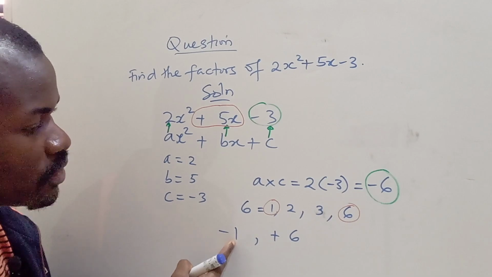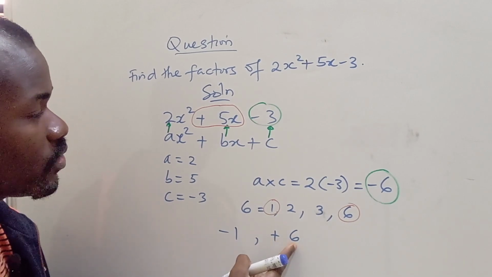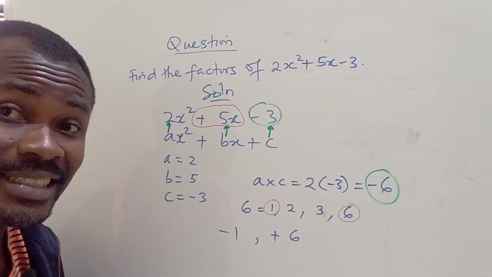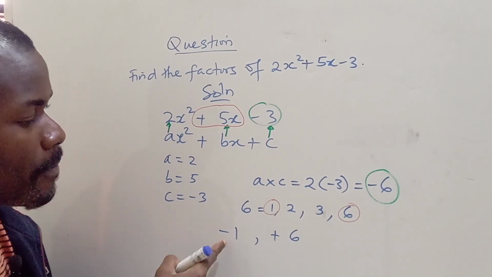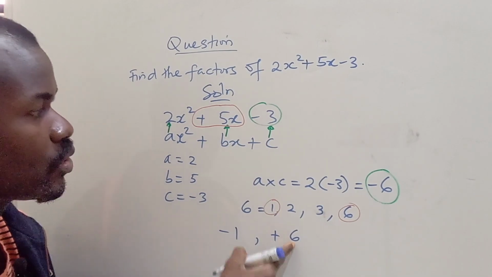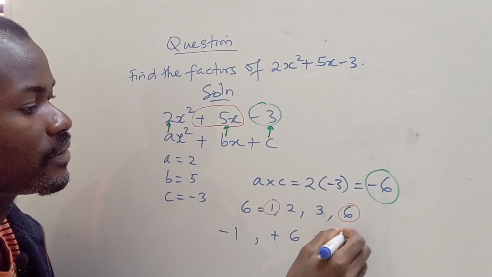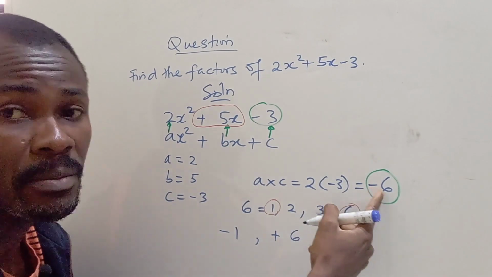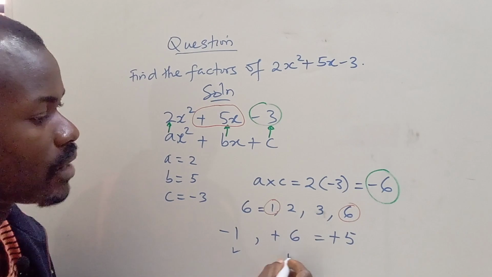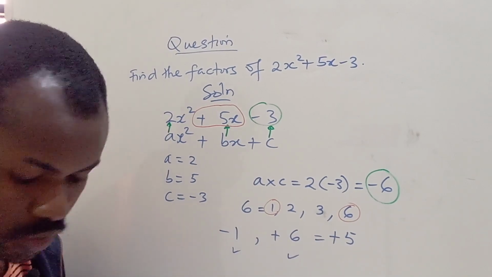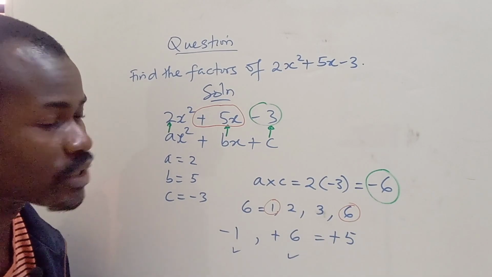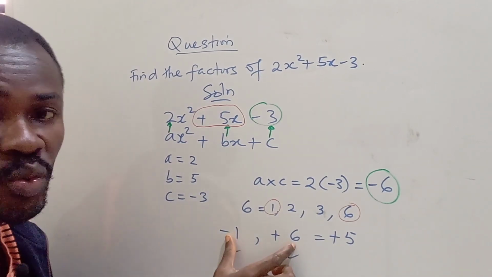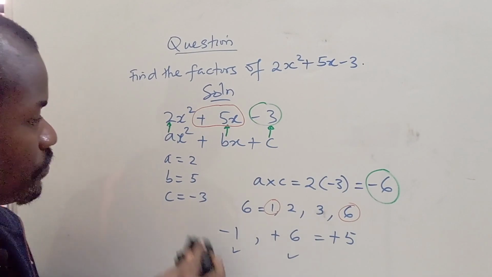But will minus 1 and plus 6 also add to give me plus 5? The answer is yes, because minus 1 plus 6 gives us plus 5, and minus 1 times plus 6 gives me minus 6. So these will work out. All we need to do is put these two values in place of our 5x.